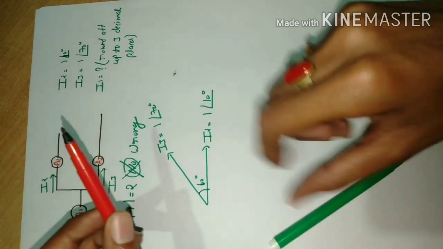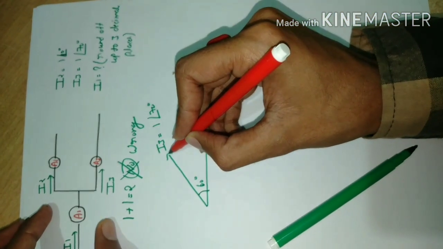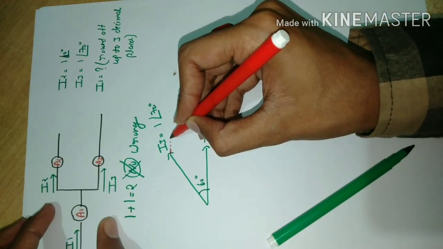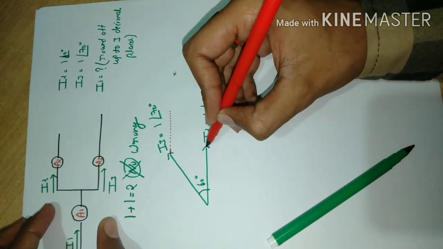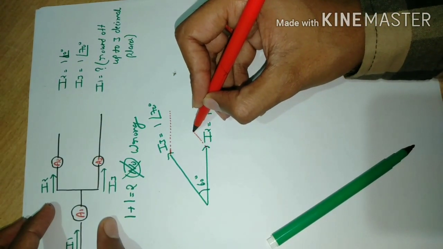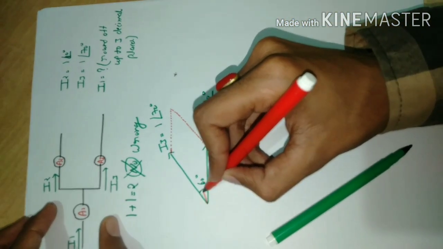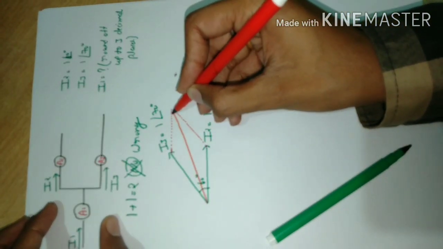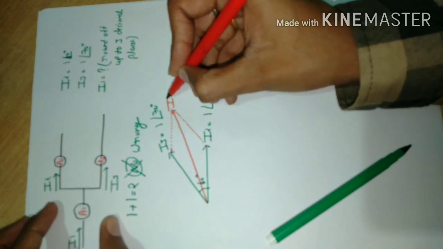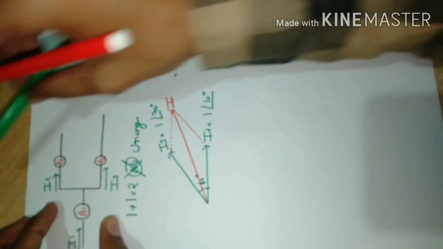So this is a parallelogram. We can find the magnitude of I from here.